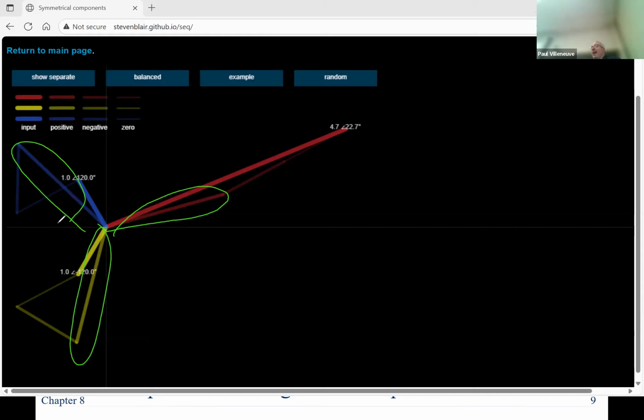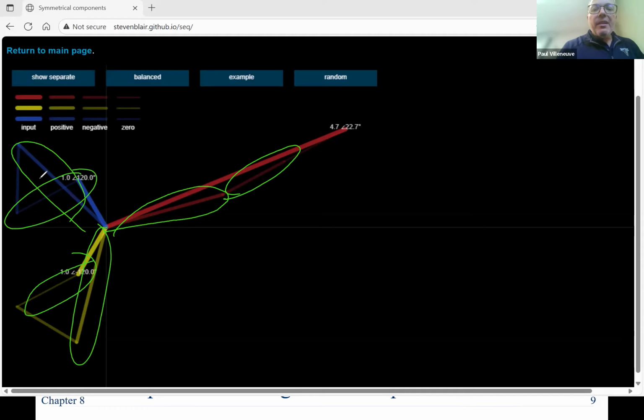So you can see that their magnitudes are the same and they look like they're 120 degrees apart. Then I'm going to add to it the negative sequence. And again, those are 120 degrees offset. And then I'm going to add my 0 sequence, which is here.